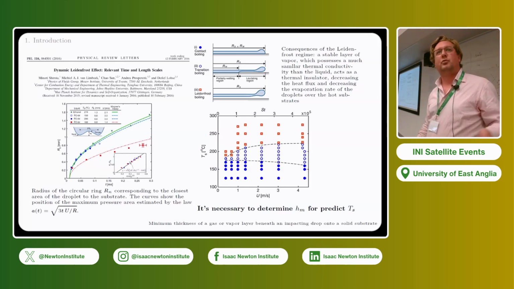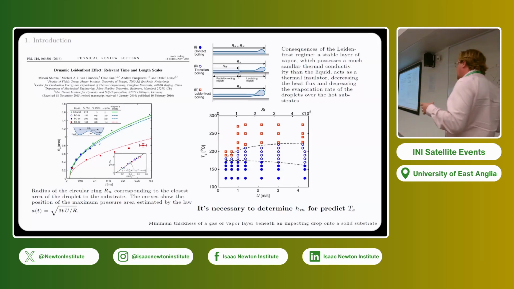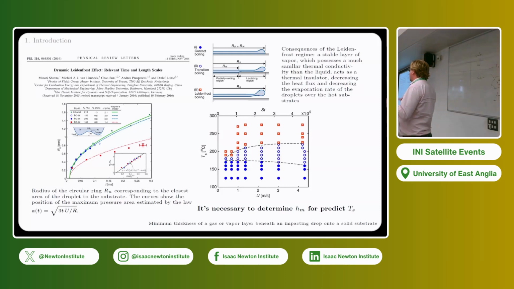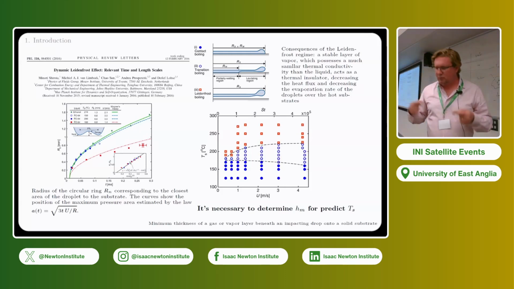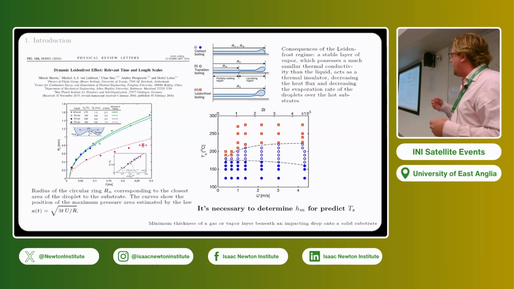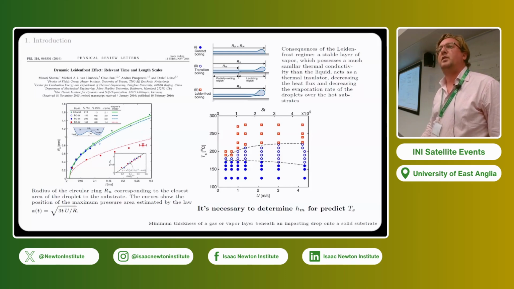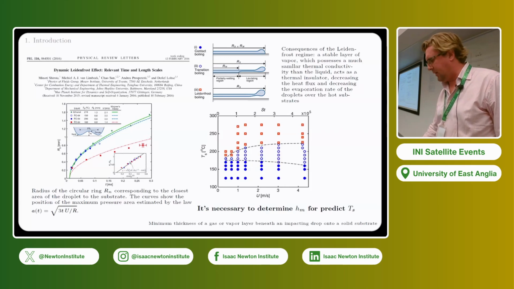Determining this boundary is important in applications, because if we have no contact, the air acts as an insulator, and so you cannot transfer heat from the solid to the liquid. To predict this transition, this temperature called the Leidenfrost temperature, we need the minimum thickness of this vapor layer.